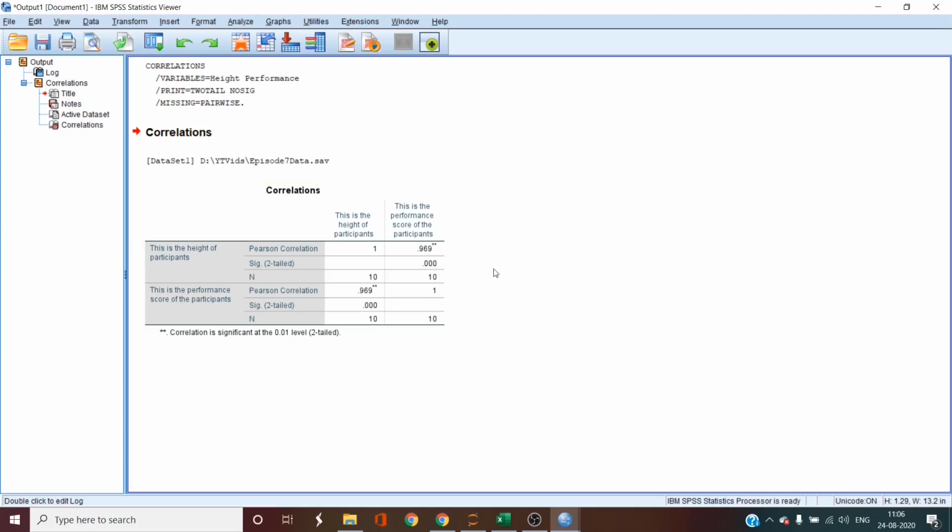Any significance value less than 0.05 means that the correlation is significant, and hence the flag, the 2 asterisks, which reads that the correlation is significant at the 0.01 level, two-tailed test. So this analysis basically means that there is a strong positive correlation between the heights and the sports performance of the participants. It is also statistically significant. So yeah, that's basically how it's done.